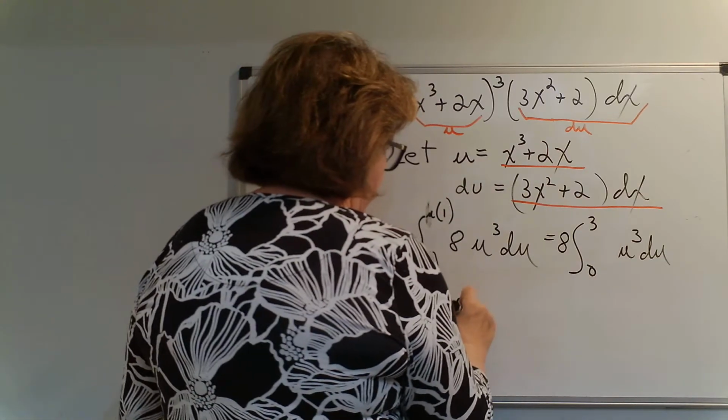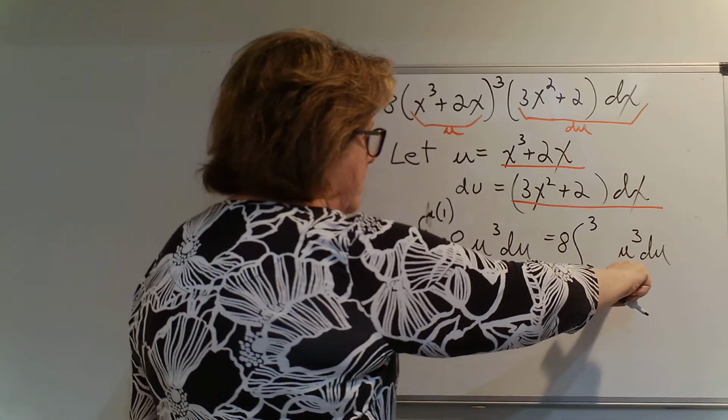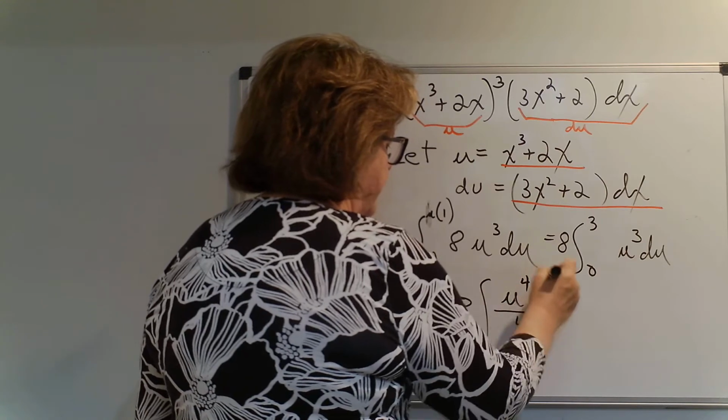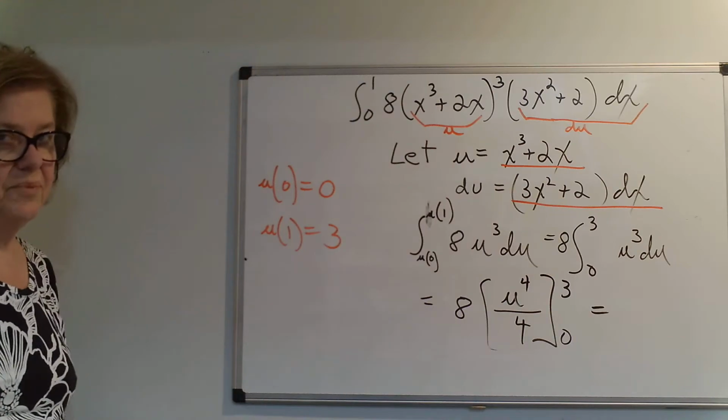So we're going to have 8 times, okay, put in a 3. Oh, sorry. You got to get the antiderivative. And then we're going to evaluate that between 0 and 3.